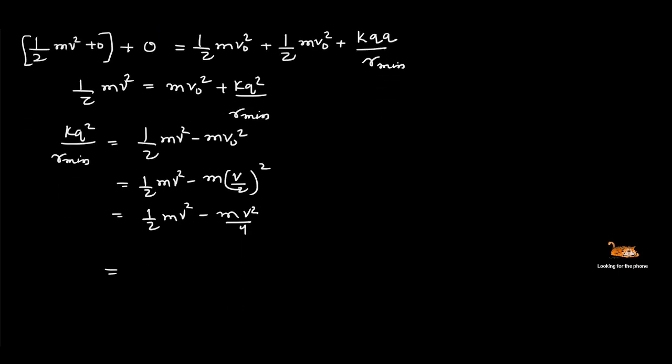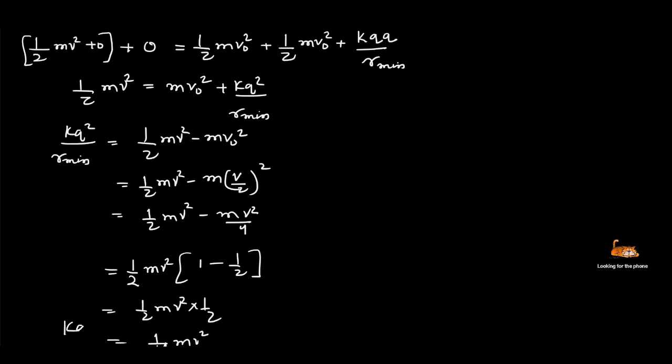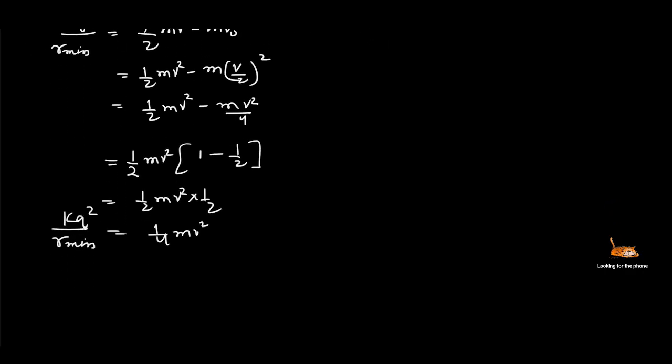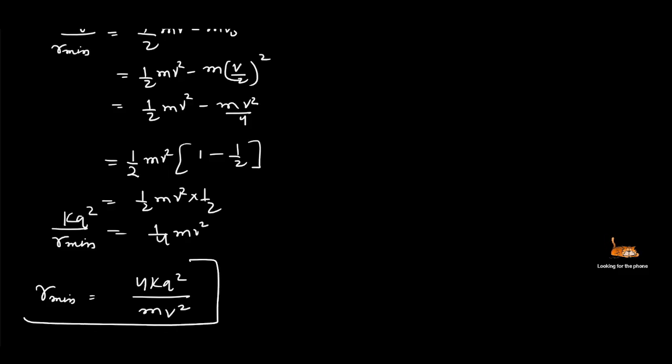I will take 1 by 2 mv square common, I will have 1 minus 1 by 2, so half. I will get 1 by 2 mv square into 1 by 2. My answer is 1 by 4 mv square, and here is k q square by R minimum. Done. So what is R minimum now? R minimum comes out to be 4 k q square whole divided by mv square. This is my minimum distance between two particles.